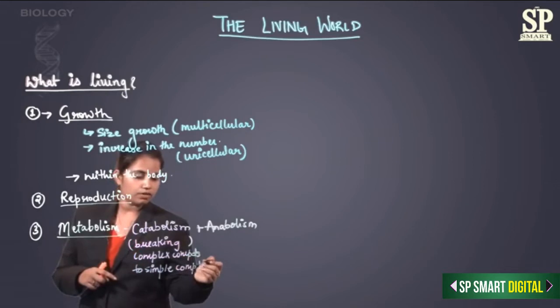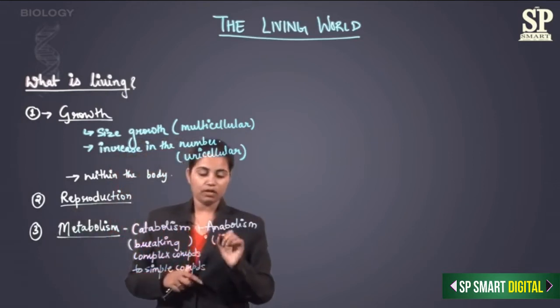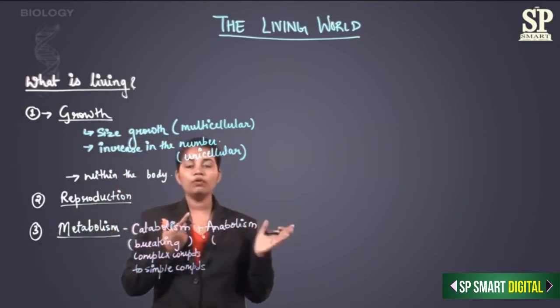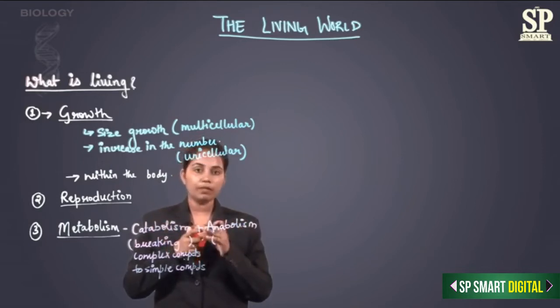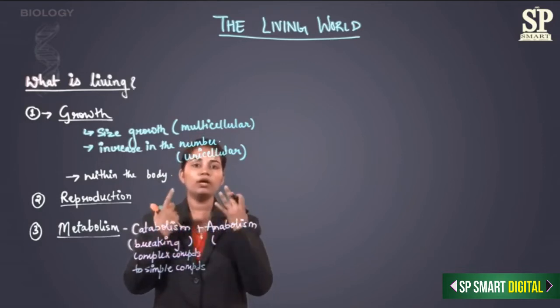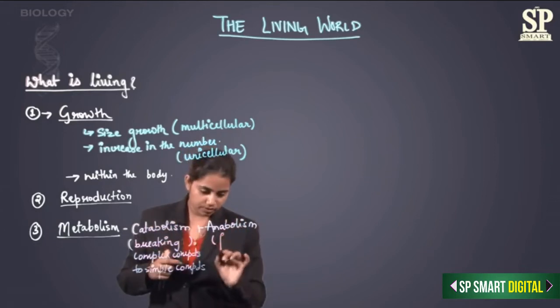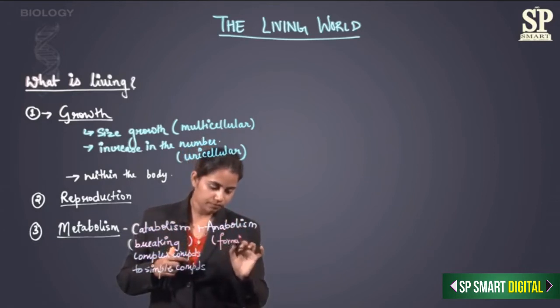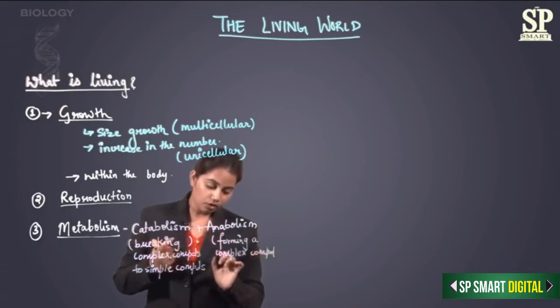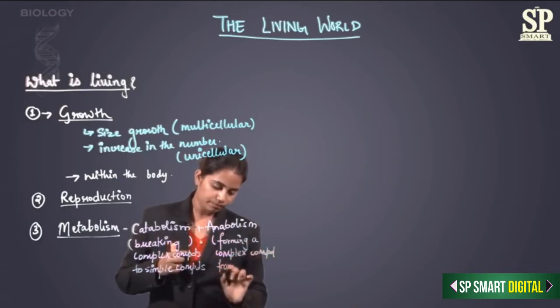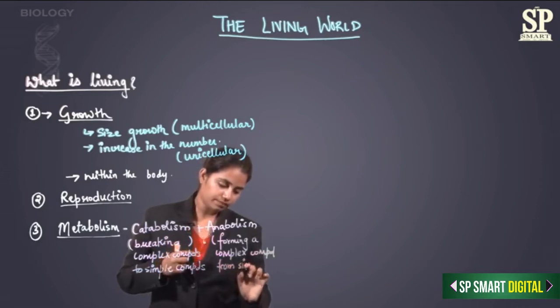And anabolism is forming a complex compound from simple compounds, or joining simpler compounds to form a huge, big complex compound. So it is forming complex compounds from simpler ones.